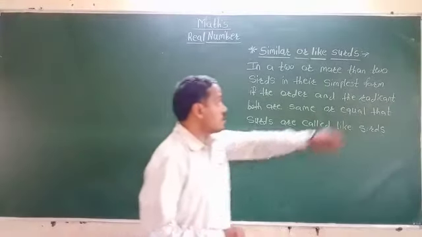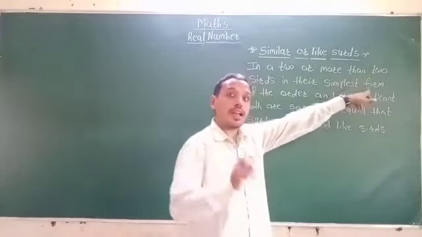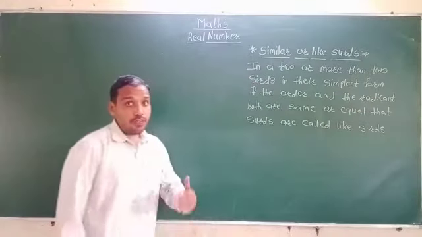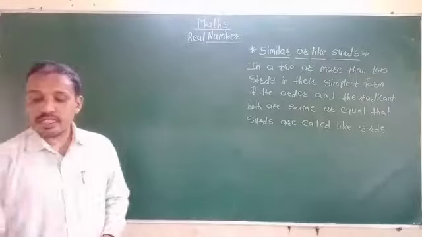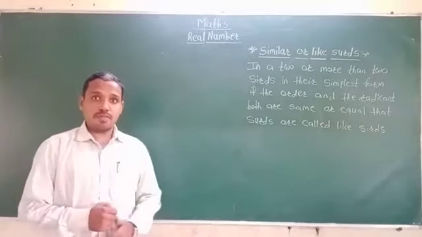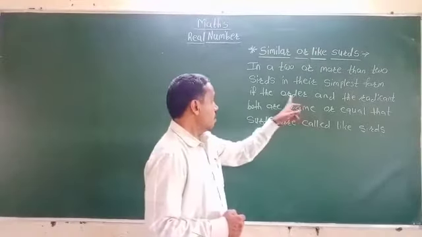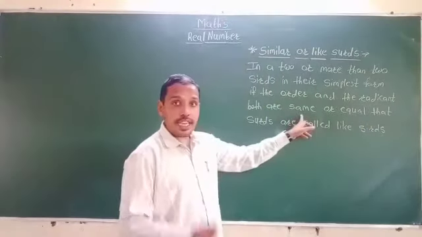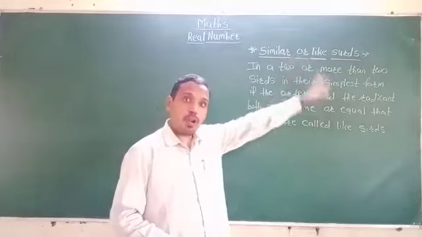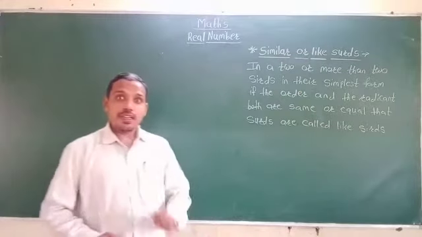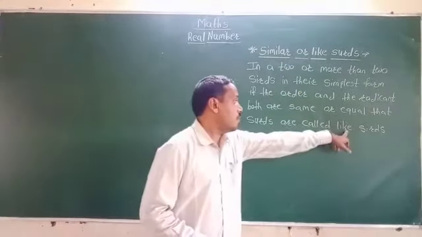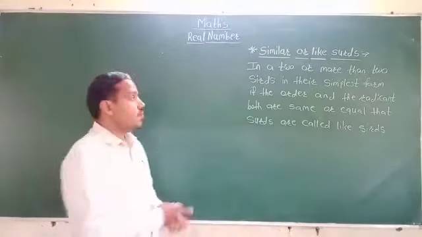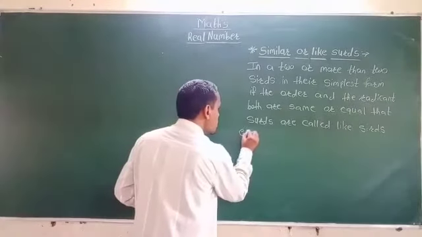That means the simplest form of the surds is necessary. When we convert the surds to their simplest form, and in that simplest form the order and the radicand are both the same in two or more surds, then we call them like surds. Let us take different examples.